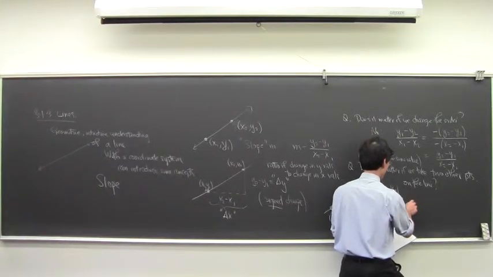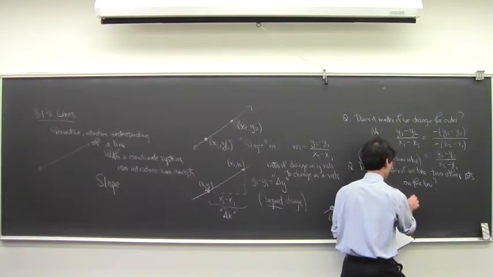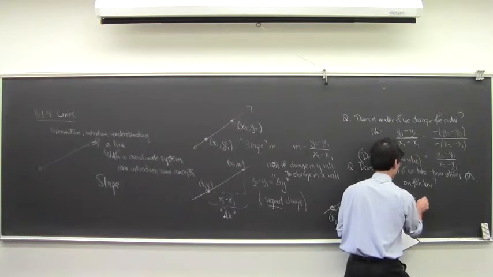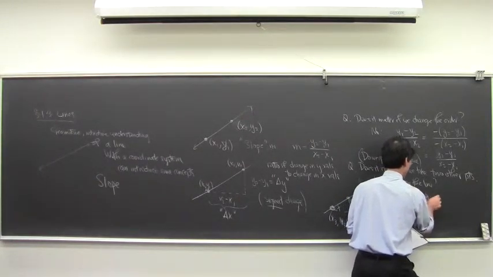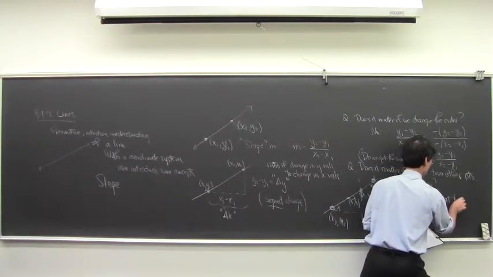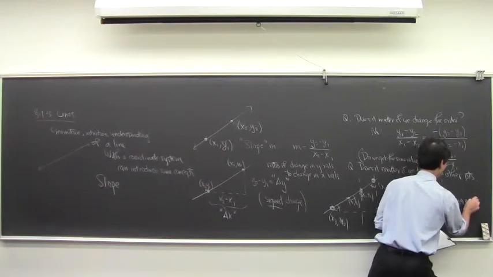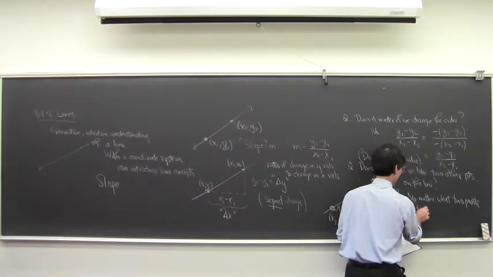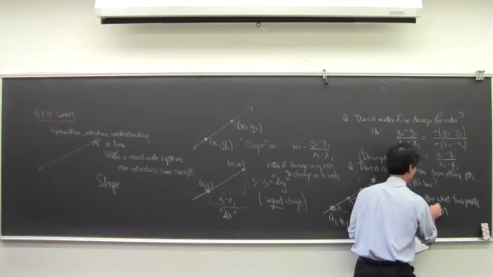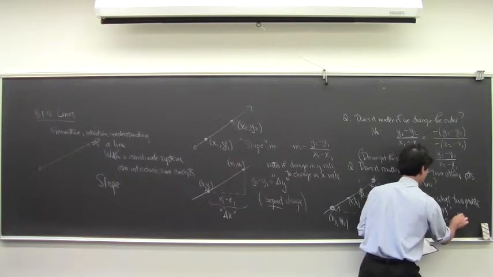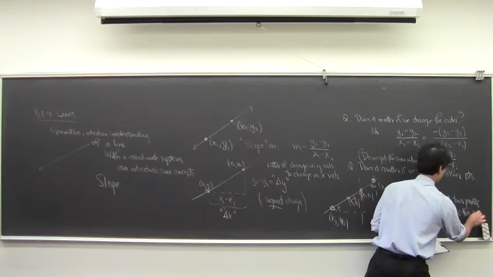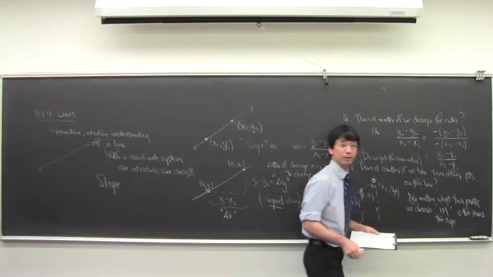So the ratio we always get, no matter what 2 points we choose, this m, the slope, is the same. We get the same value.